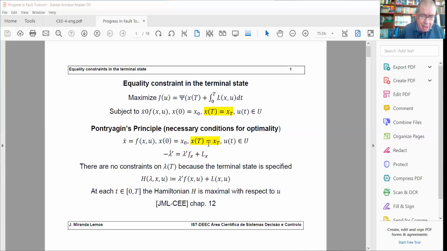I guess that in abstract terms, in cold blood, I could say, this looks very difficult, but let's see two examples to illustrate this procedure. You can find several examples in my book in chapter 12.